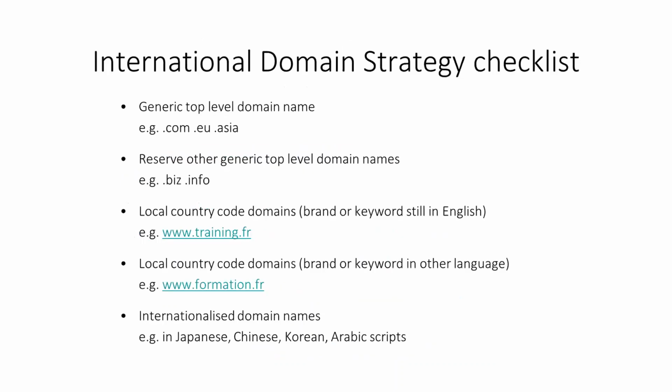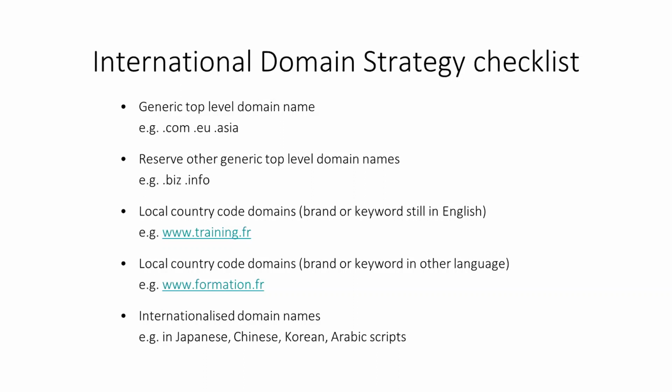And as mentioned before, one of the starting points would be with your international domain strategy. So here's a quick checklist of what that might look like. A lot of companies that are based in the UK sometimes start with a country code top level domain. So, if you're going international, there's many reasons, and they will be touched on later, why it's important to perhaps think about starting with a generic top level domain like a .com.